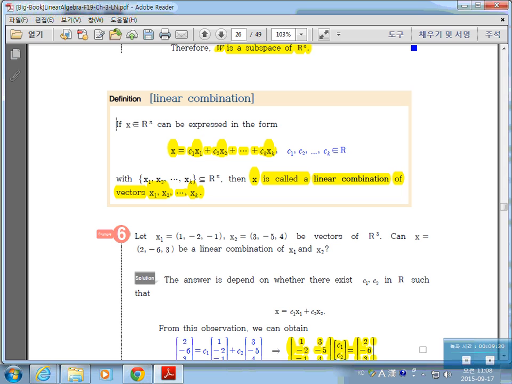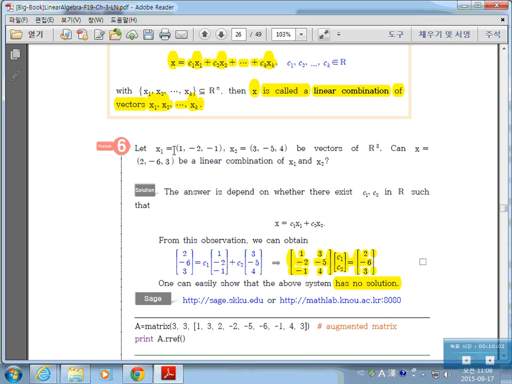If X can be expressed in a form like this, a linear combination of vectors with scalars, where these xi's are in Rn, then we call X a linear combination of vectors x1, x2, up to xk.